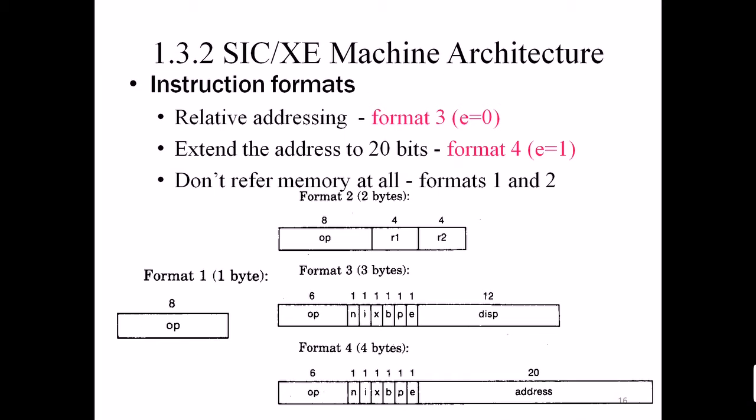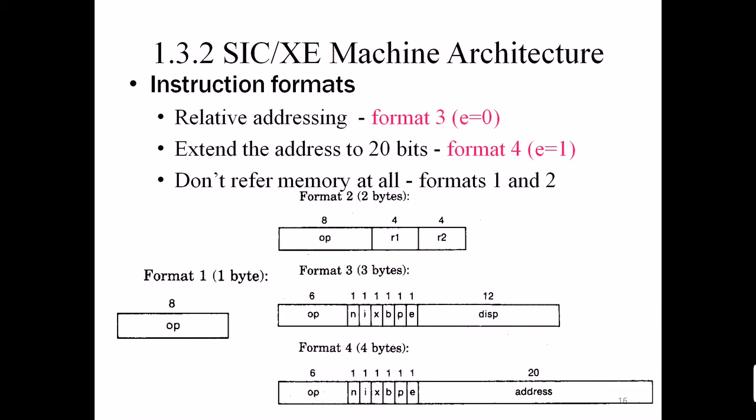Format 2 is an 8-bit opcode, then register 1 and register 2, 4 bits each. If you want some register arithmetic operation, we can use this format 2 instruction. Then next is format 3.